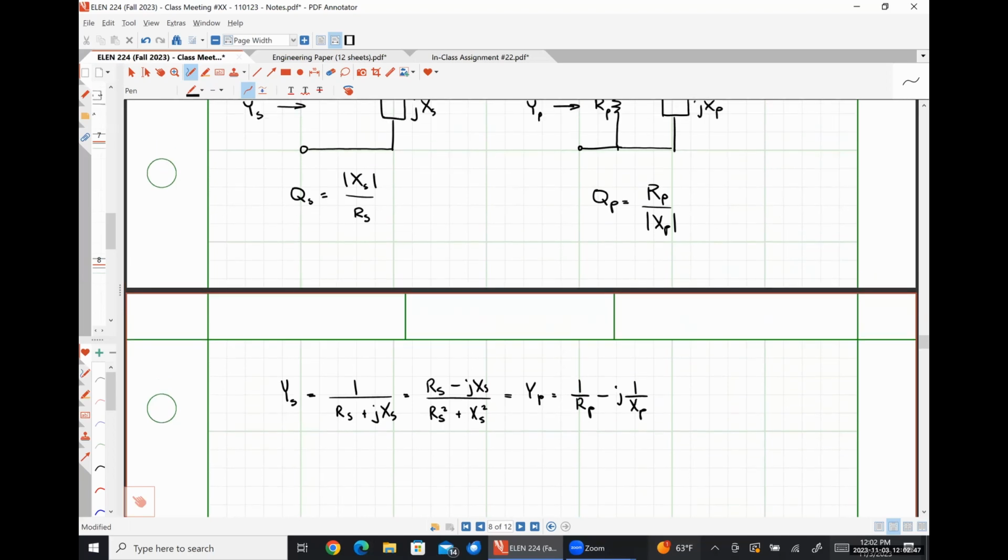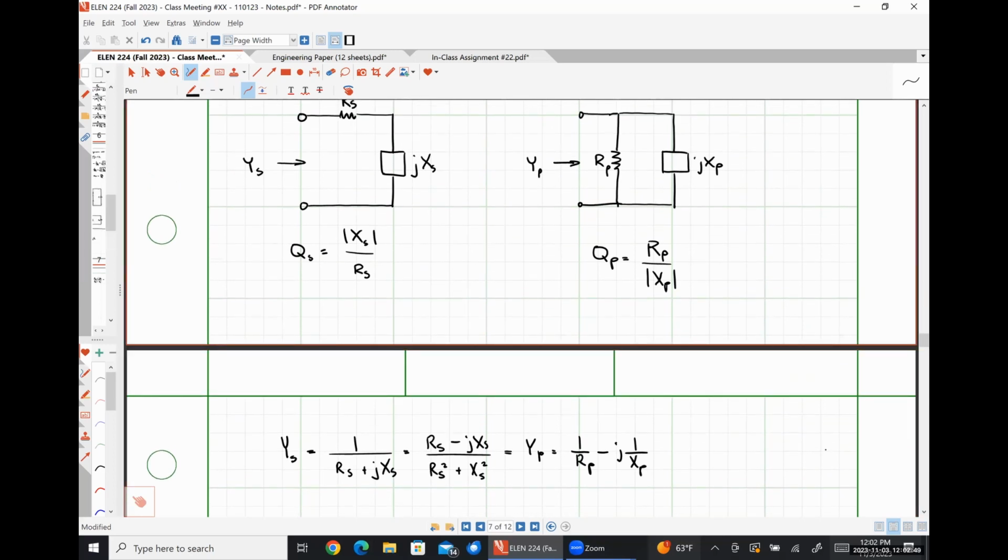Let me think about this for just a second. Oh, yeah, sorry. Total brain fart here. I'm trying to figure out where that minus sign comes from. We would have 1 over RP and then 1 over JXP, add those together, but 1 over J looks like negative J in the numerator. That's right. Sorry about that.